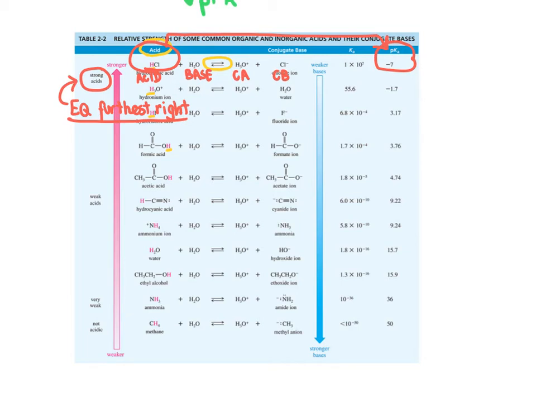As we go down the table, we get to weaker and weaker acids. And as we get down to the stuff that's listed as very weak or not acidic, that's going to have the equilibrium of the reaction lying furthest toward the left-hand side. In other words, we would describe methane as being very non-reactive as an acid. It's a very, very weak acid. So the equilibrium here at the bottom would be furthest to the left-hand side of the equation.